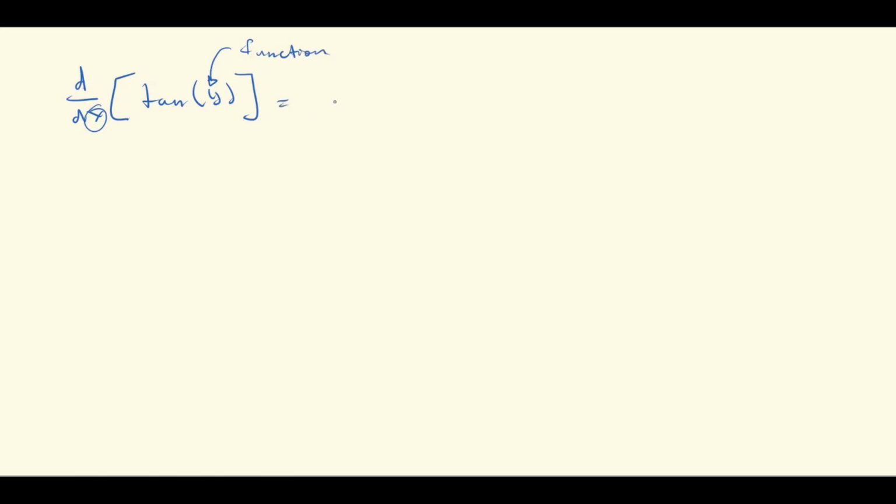So the derivative is going to equal the derivative of tangent, which is secant squared of whatever was inside. And then because y is a function, we have to apply implicit differentiation, which is a form of the chain rule, and multiply by the derivative of y, which is dy dx. And that's it.